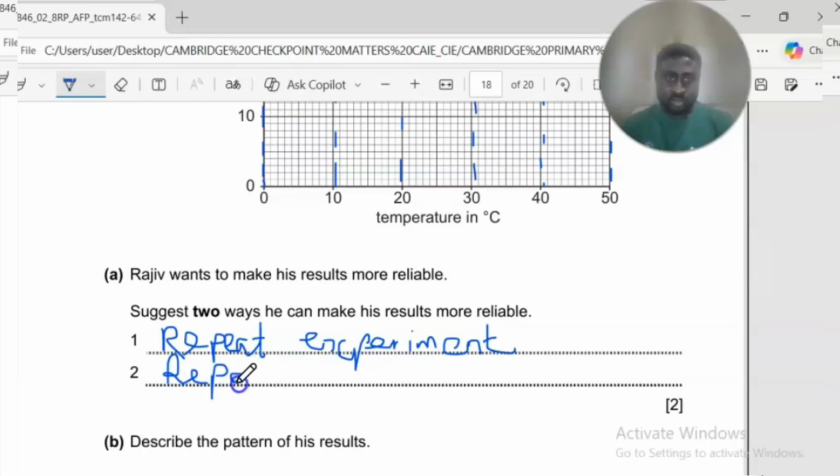Repeat with more temperatures. Just like adding more variables or more number of times the experiment is carried out to give a reliable result. So repeat with more temperatures.